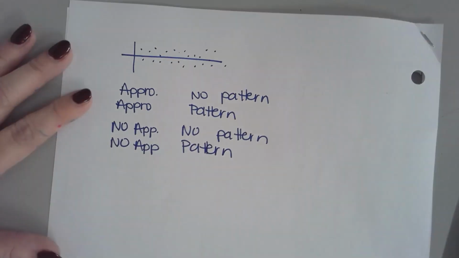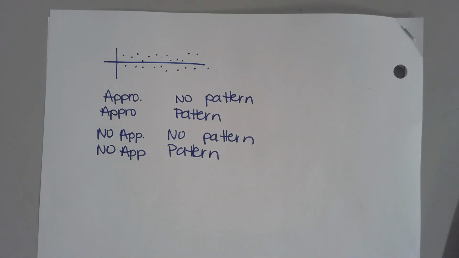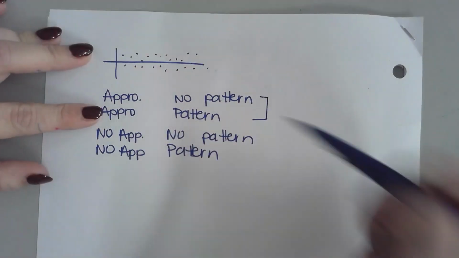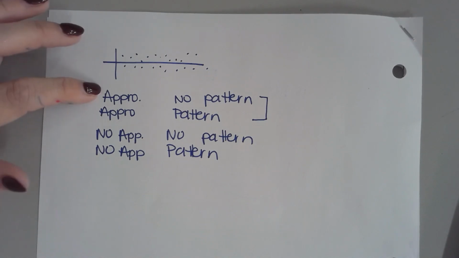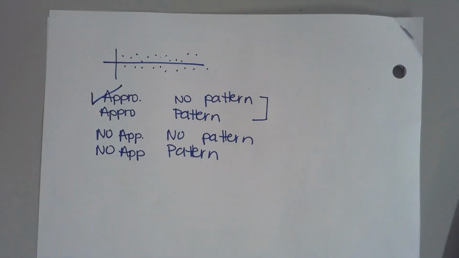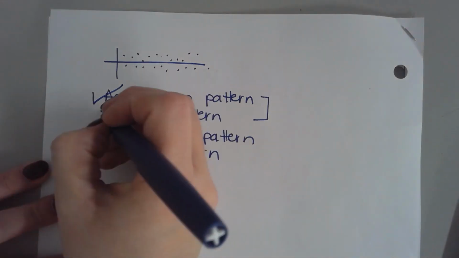So first of all, you should look at the plot and think, well, that's definitely appropriate, it's just jumbled. But then you have to remember that appropriate means no pattern. Appropriate and pattern don't ever go together, so cross those out.